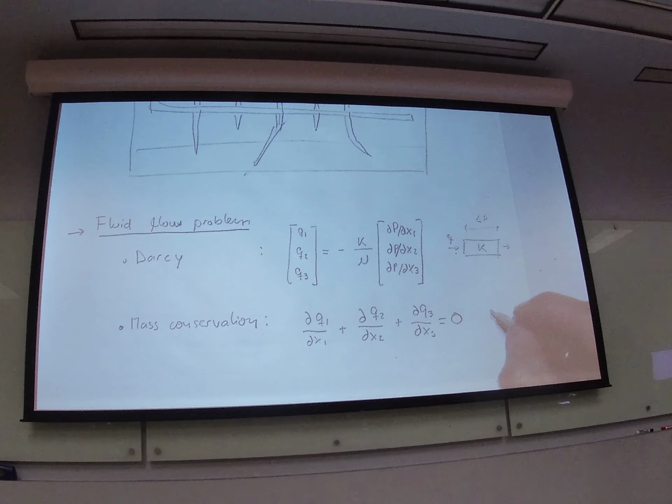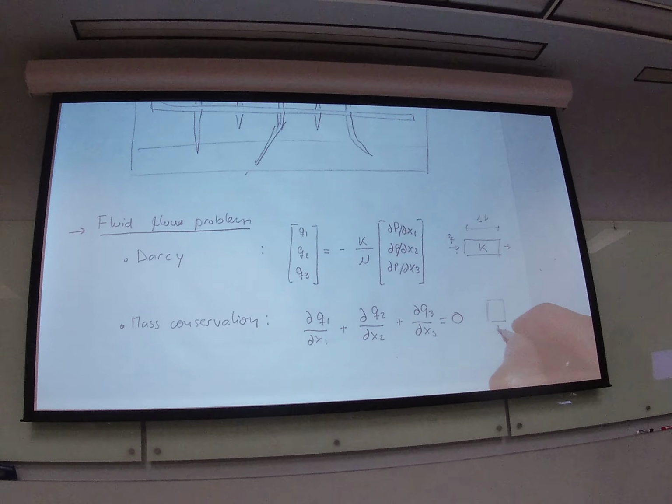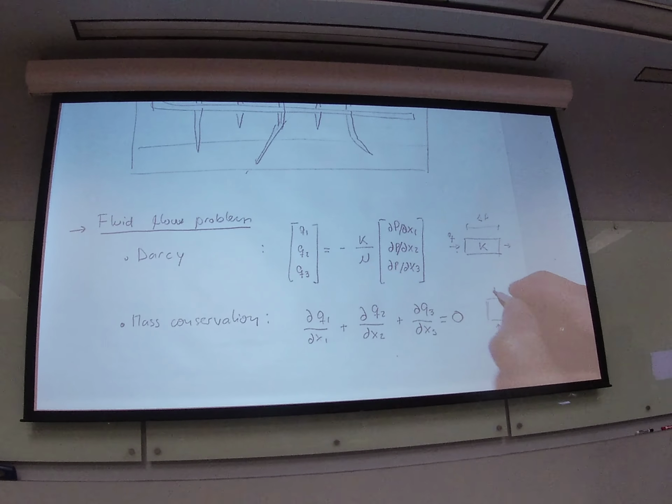Mass conservation tells you that if you have a porous solid, everything that gets in has to get out, either in this direction or in that direction. To make it simple, let's say that there is flow just in one direction. Everything that gets through this phase has to go out through that one, unless it gets conserved in the middle.